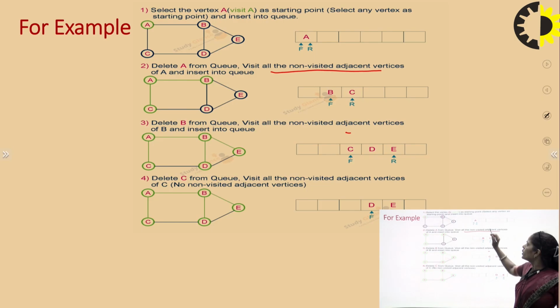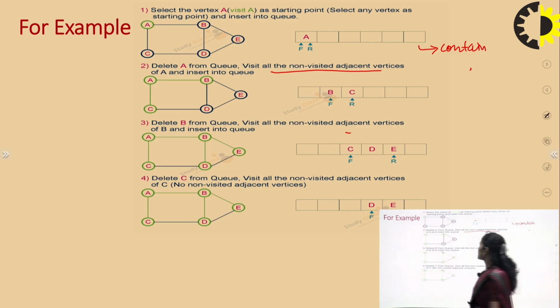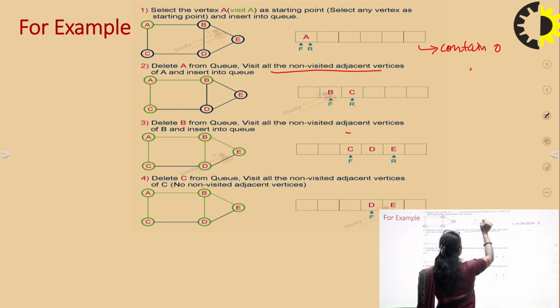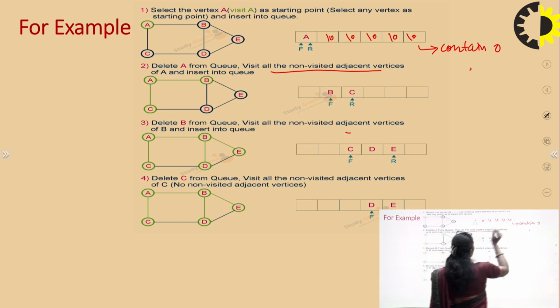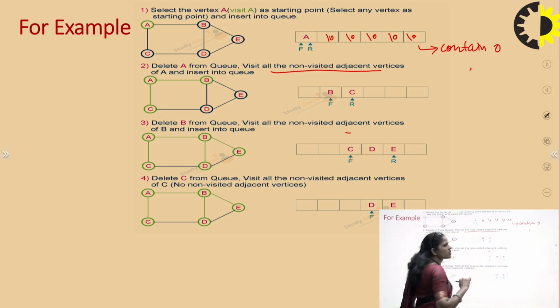Initially, the queue is containing a null value, right? Remember this thing, initially the queue is containing a null value. So just suppose here we have null values, right? And after visiting, the value is changed with that particular vertex, right?